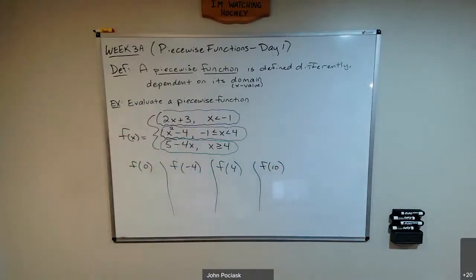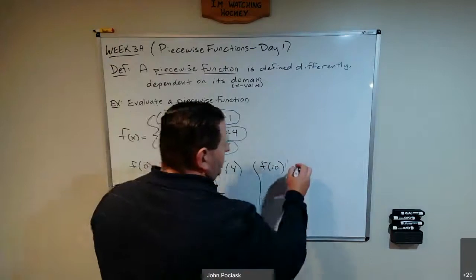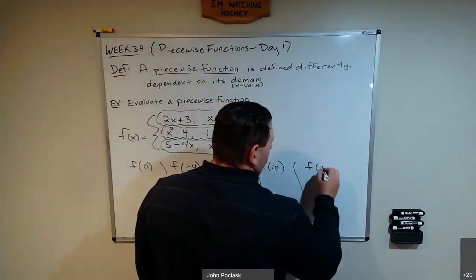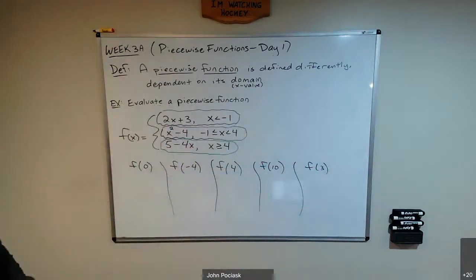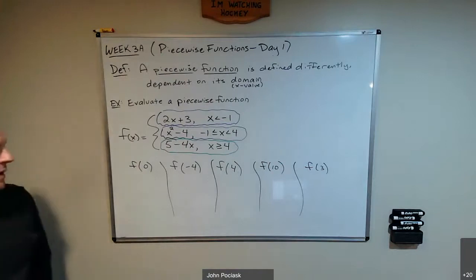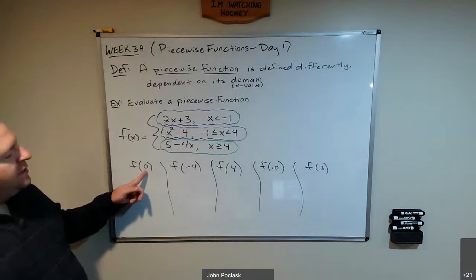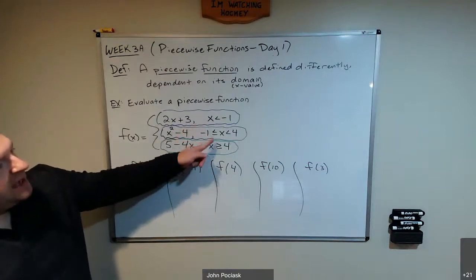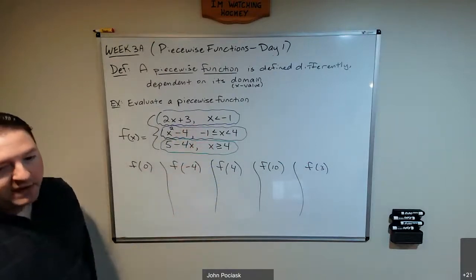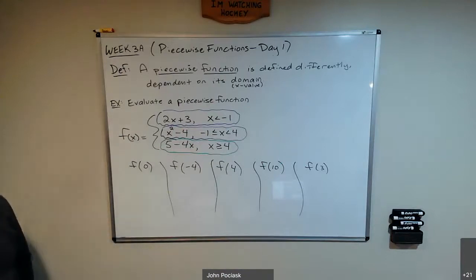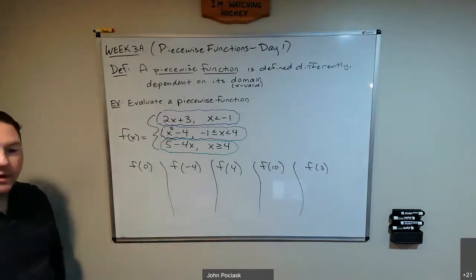What's f of 3? Okay, basically 5 different problems here. And the trick is you look at the number you're evaluating at, and you decide which one of these inequalities it satisfies. It's only going to satisfy one. Okay, it's not going to satisfy all of them. It's not going to satisfy 2 of them. It's only ever going to satisfy one inequality.